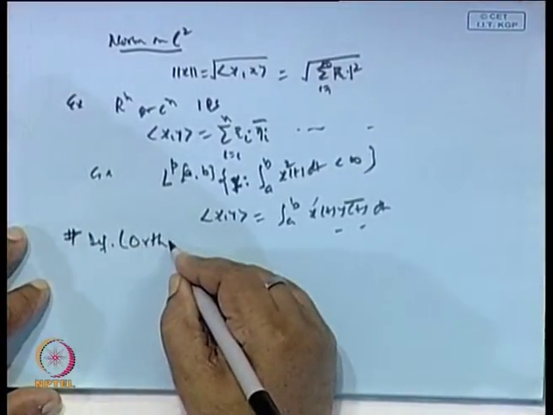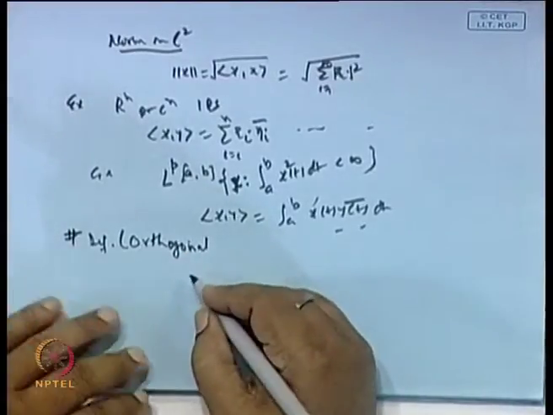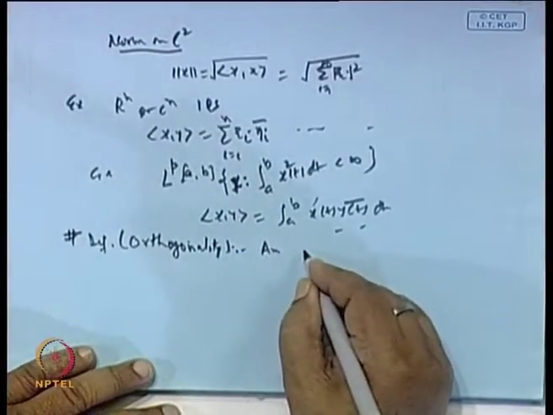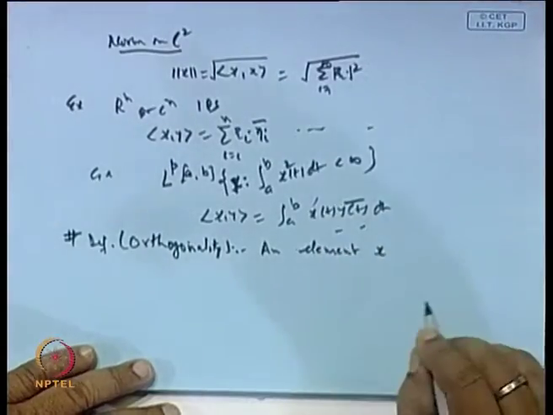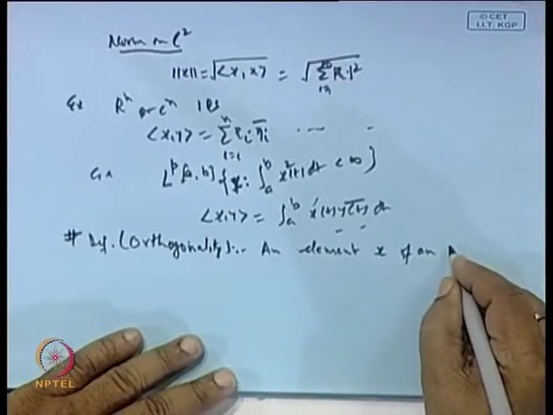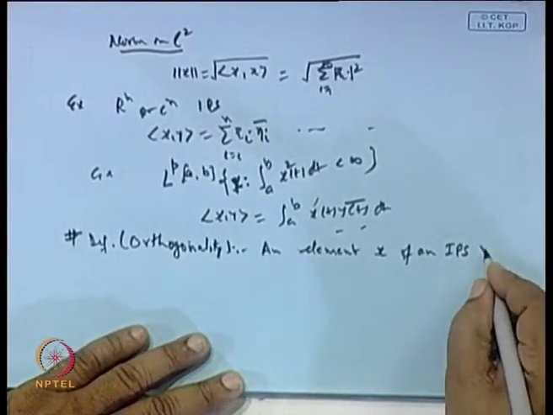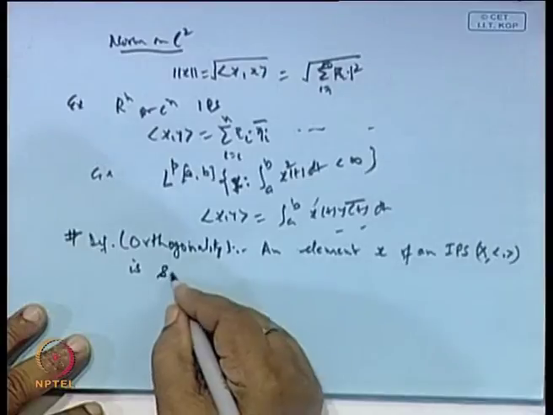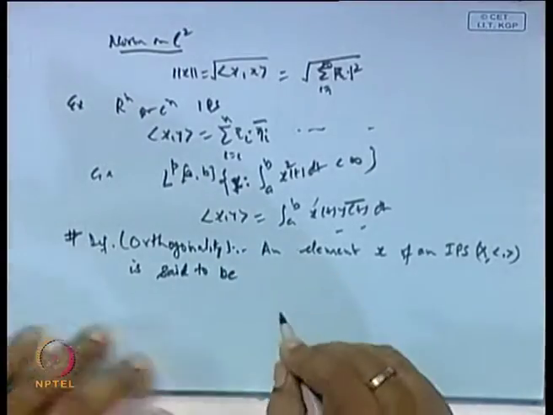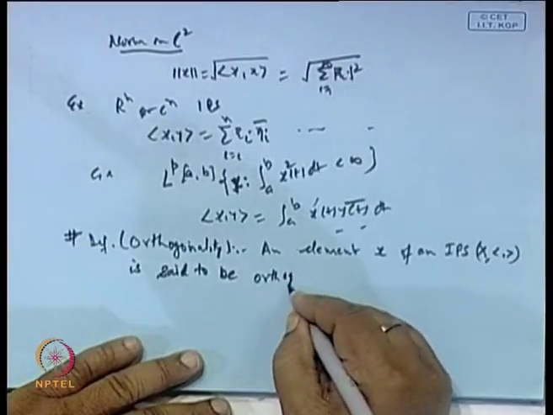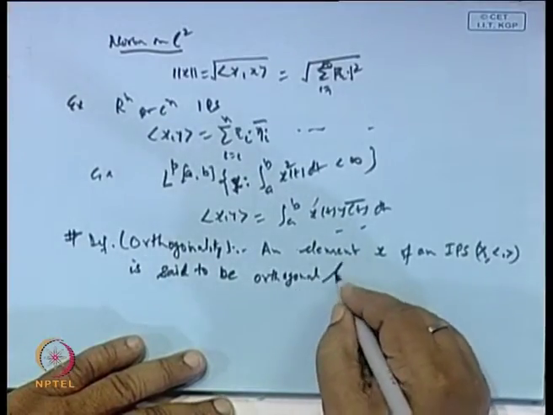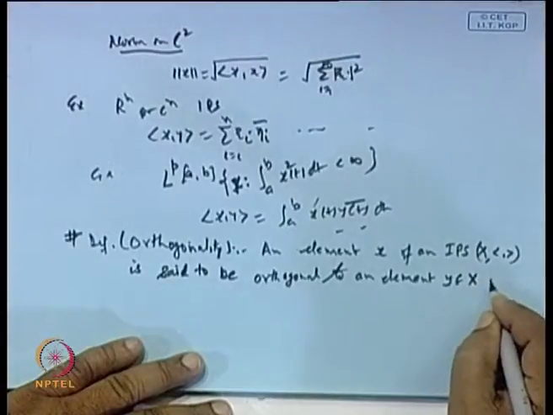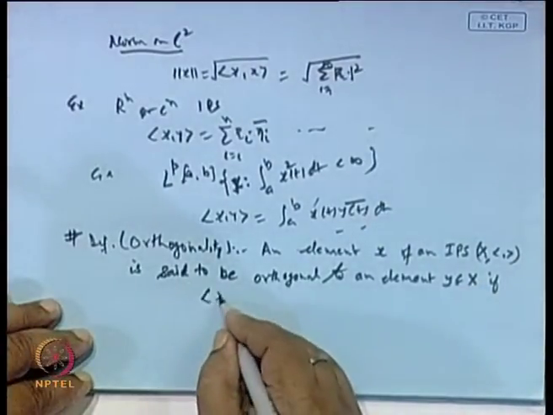In terms of the inner product, orthogonal: an element x of an inner product space X is said to be orthogonal to an element y belonging to X if the inner product of x and y is 0.